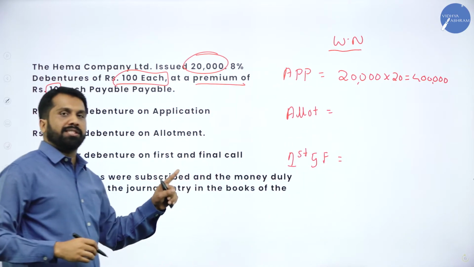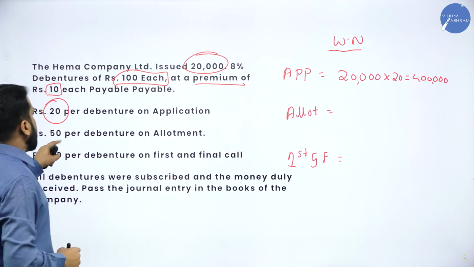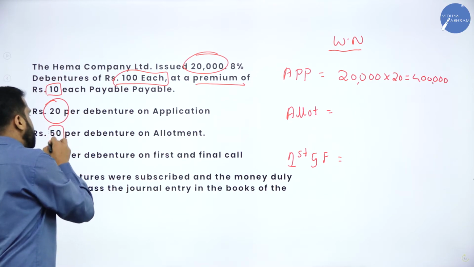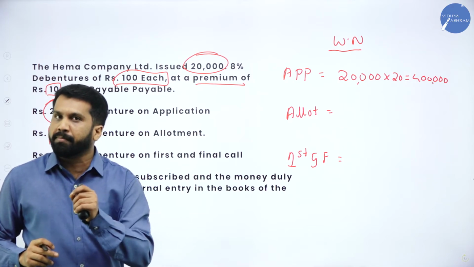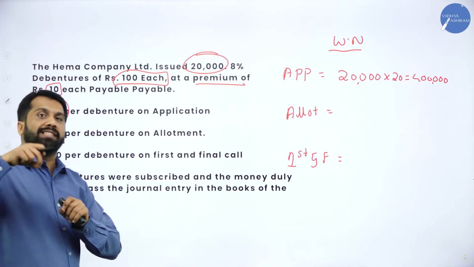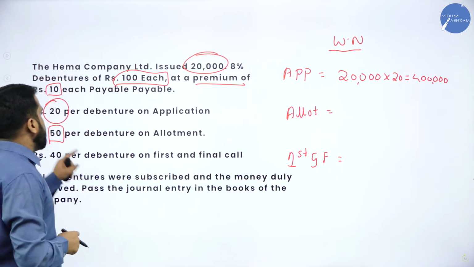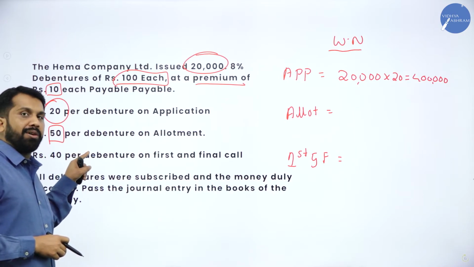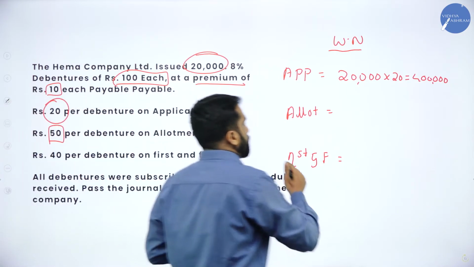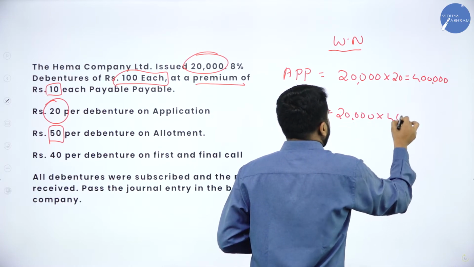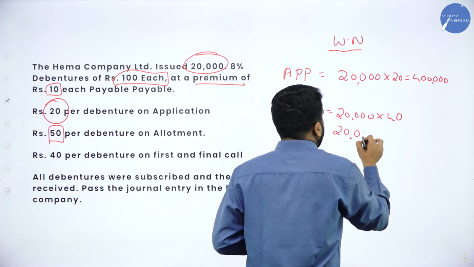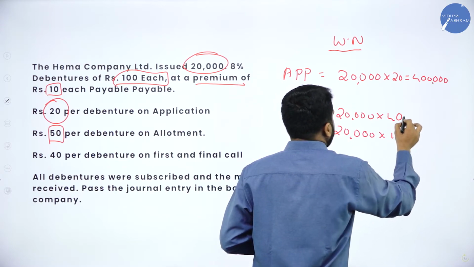Similarly, next one is what? Allotment. Allotment is how much? 50. But remember, in the question they have given premium, which means premium is always included in what? Yes, premium is always included in allotment. Now, number of shares 20,000 multiplied with 40, and 20,000 multiplied with 10.